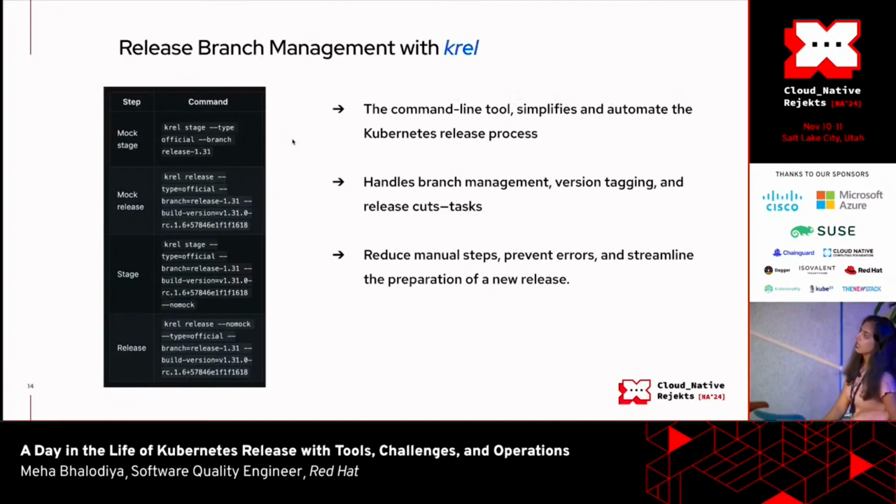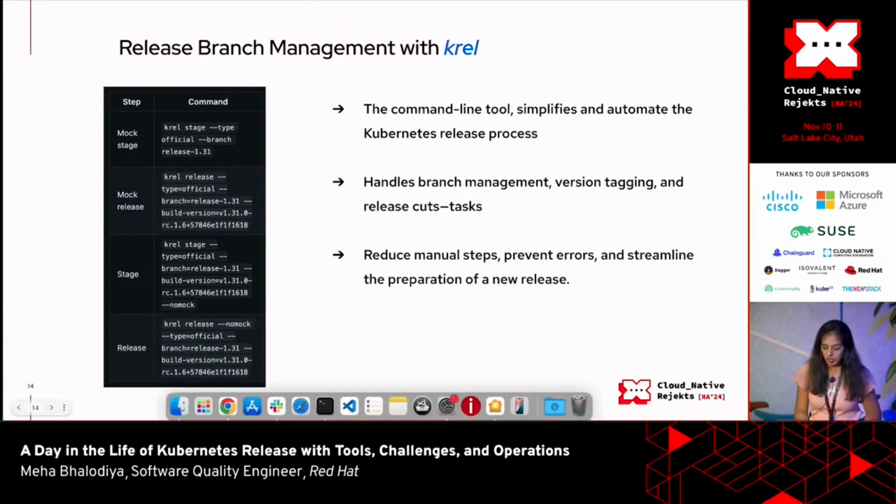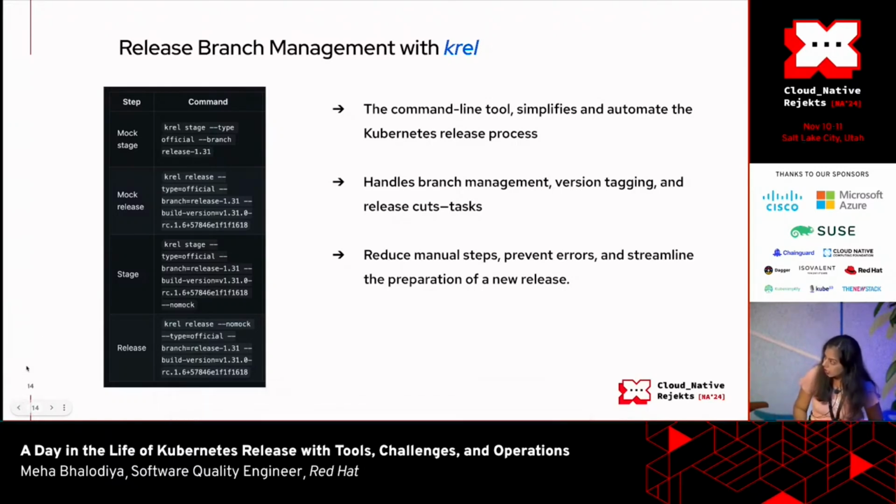So one is release branch management with Krel. This is highly used in releases. You might have also seen it in the thread I attached. So yes, this is one of the examples I have put in here. It is a command line tool which simplifies and automates the Kubernetes release process.